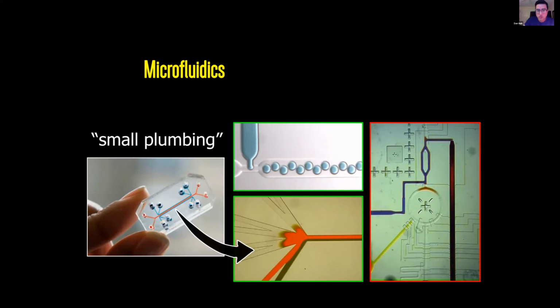So simply put, microfluidics is all about small plumbing, or creating smart plumbing systems.